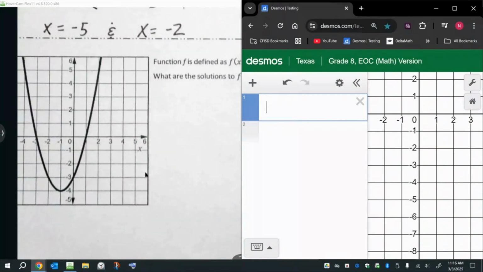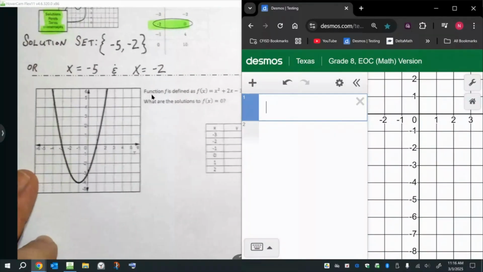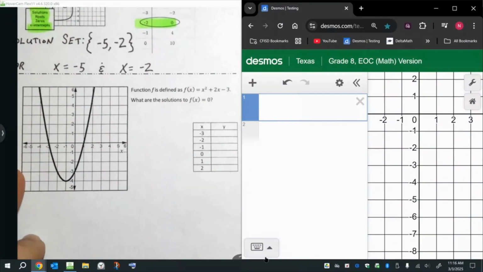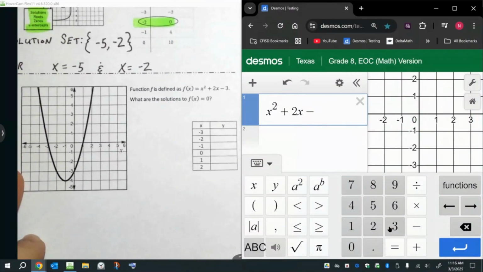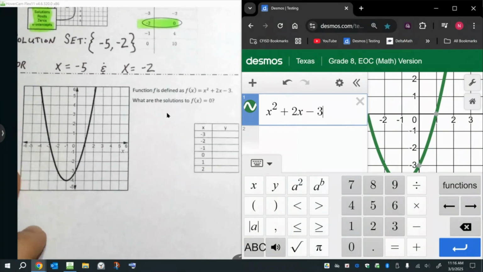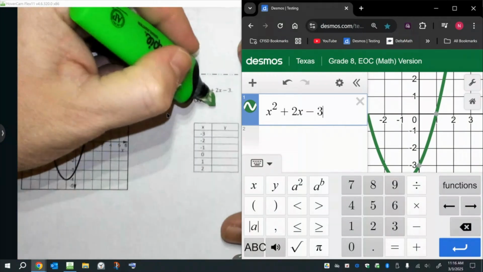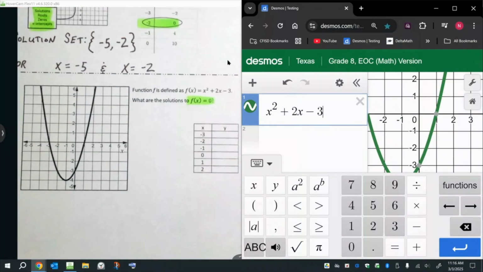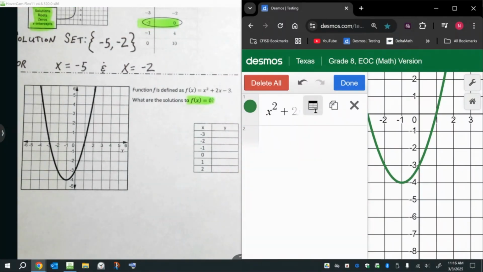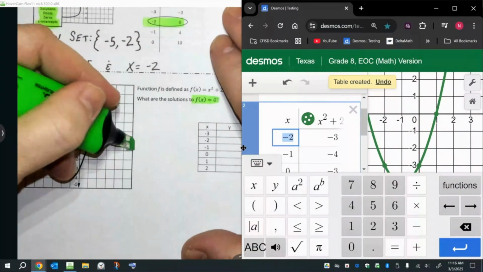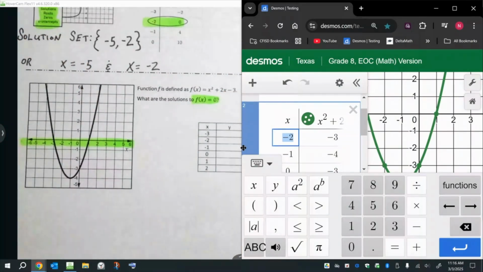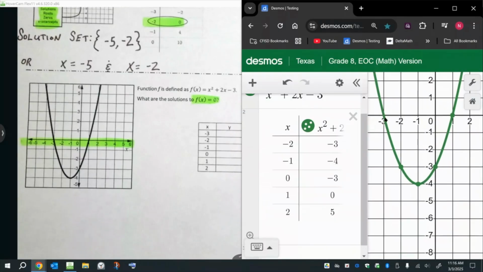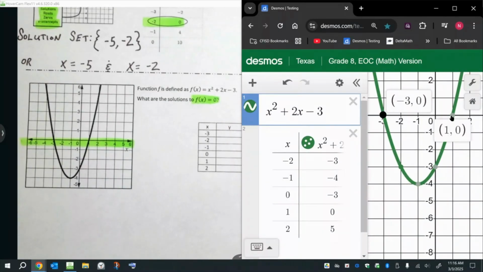All right, so looking at the next problem. I have an equation. If I type it in, I've got x squared plus 2x minus 3, okay? And I want to know when this function is equal to 0. In other words, if I turn it to a table, where does this line and my quadratic cross? Now, the most obvious, hopefully you can see, is right there and right there.